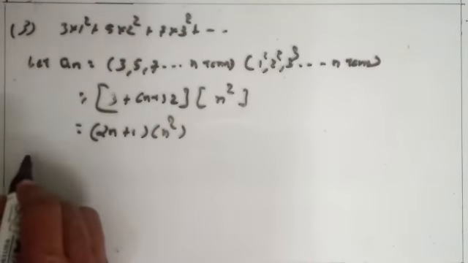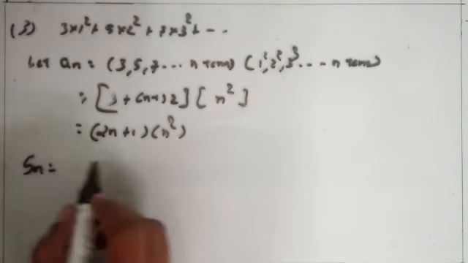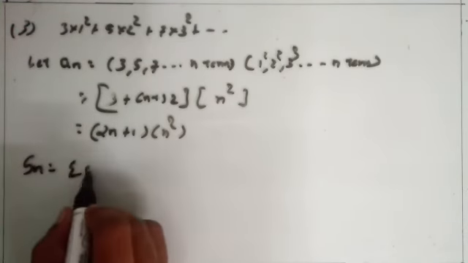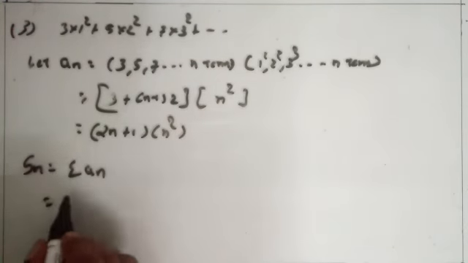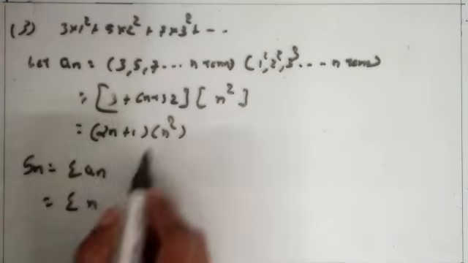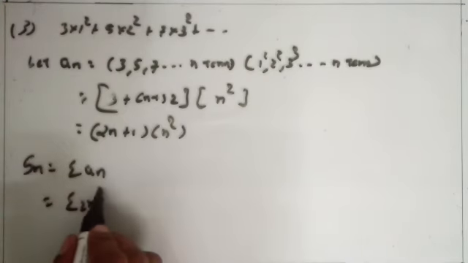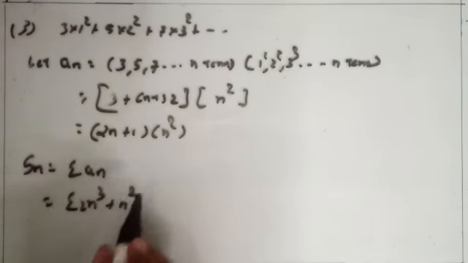Now the sum of n terms, S_n, is equal to sigma a_n, and a_n is equal to n square taken inside, so 2n raised to 3 plus n square, clear.